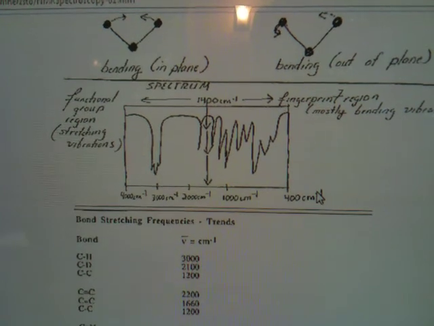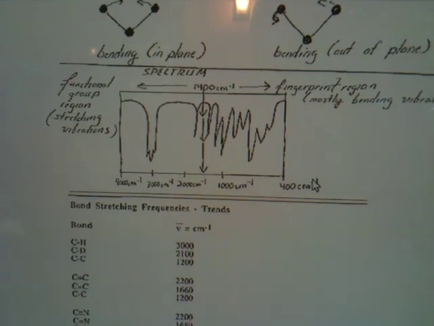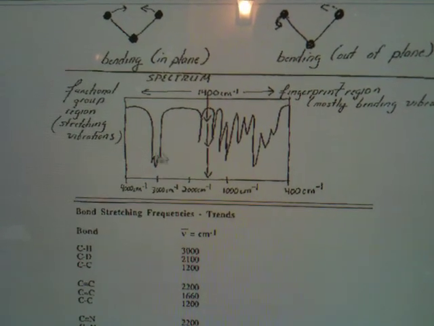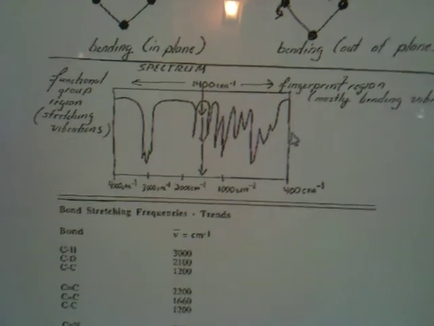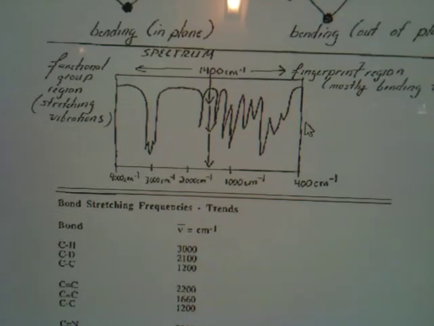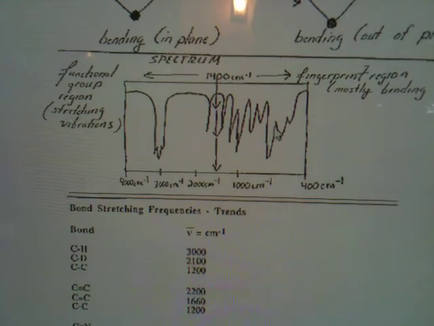Okay, stretching vibrations, as I indicated, are higher frequency vibrations. So they tend to occur in this part of the spectrum, and this part of the spectrum is a combination of low frequency stretching vibrations and bending vibrations, which, as I said, we're not going to pay as much attention to.